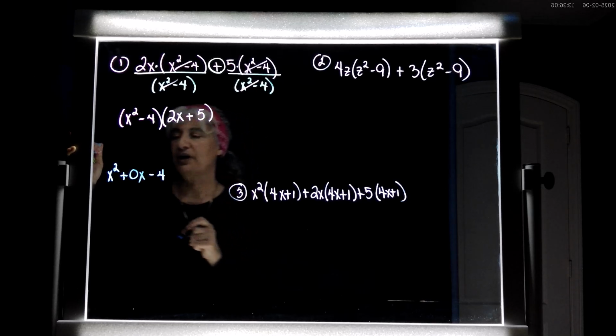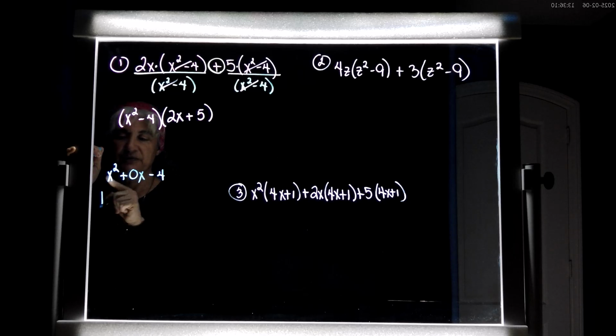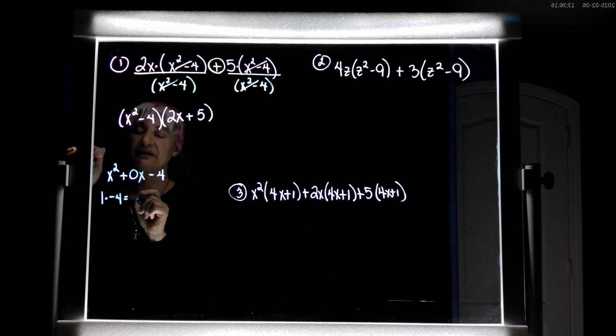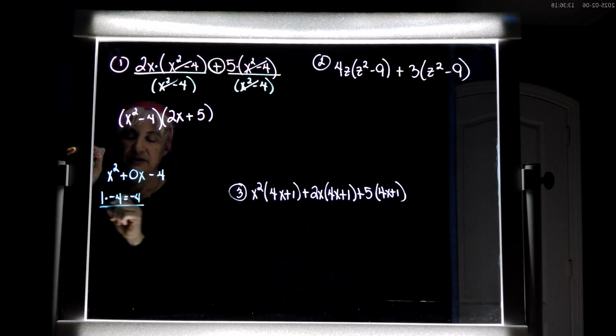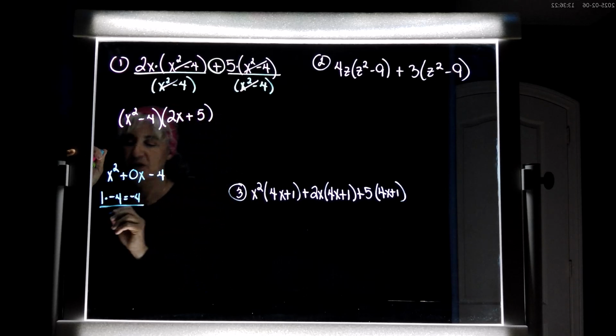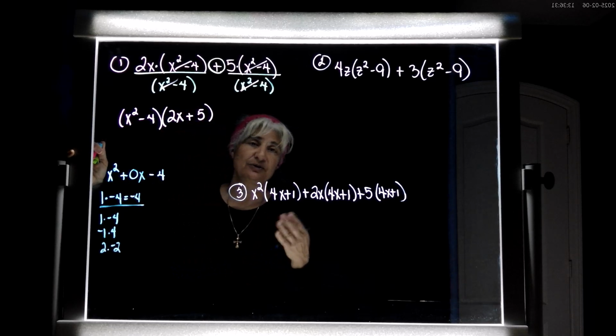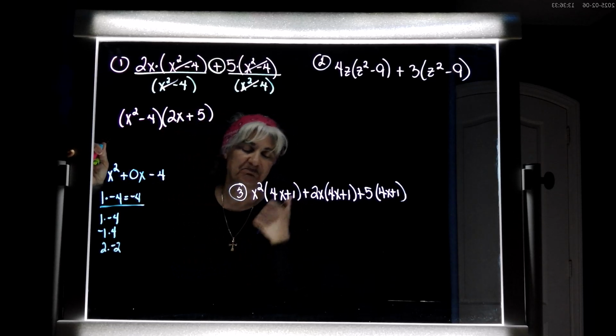Cool? Okay, so remember the process. Take the first term, or pardon me, the first coefficient, multiply by the last. What do we get? Negative 4. So tell me all the combinations that multiply to negative 4. 1 times negative 4, negative 1 times positive 4, 2 times negative 2. Doesn't make sense to write negative 2 times 2. It's the same, yes? Okay.